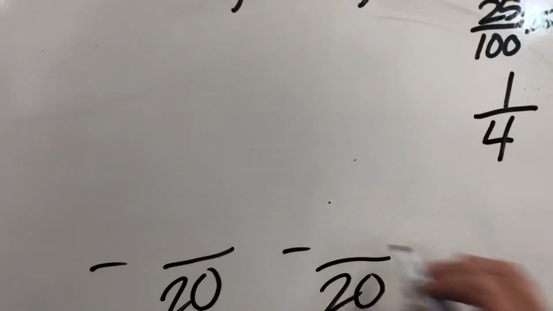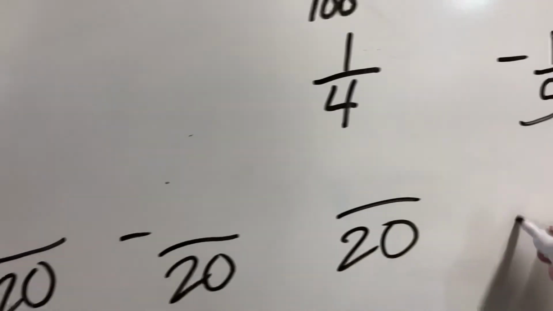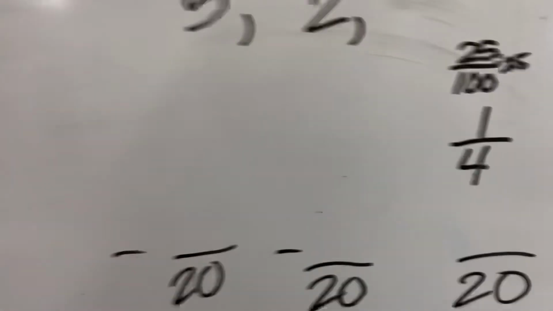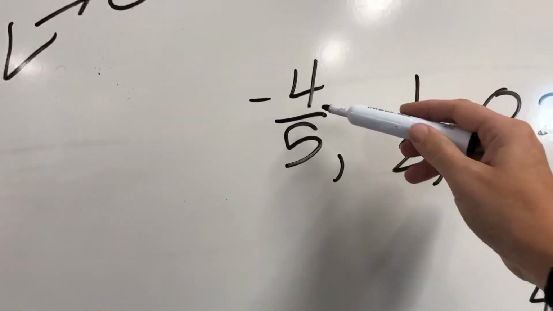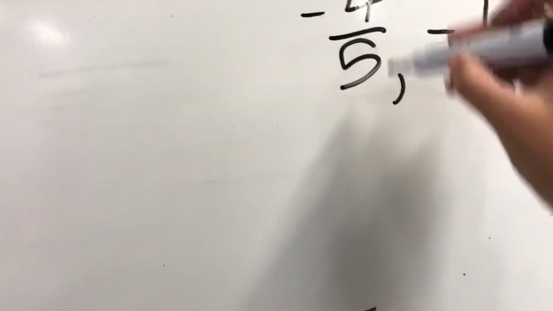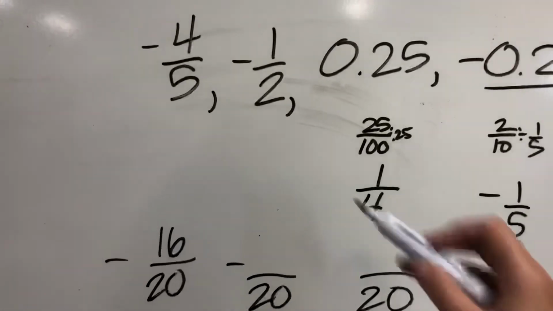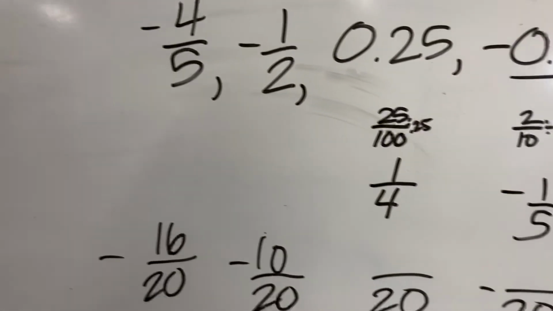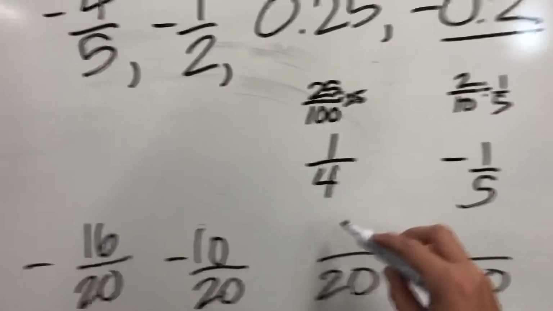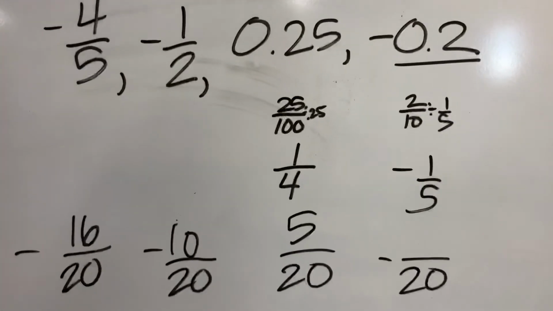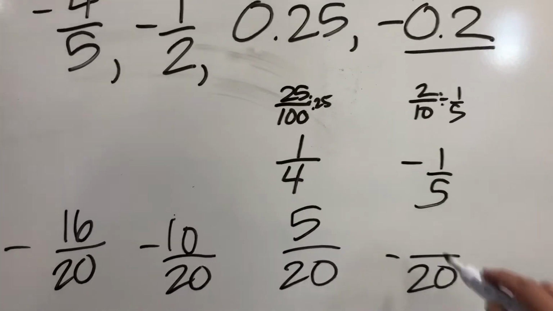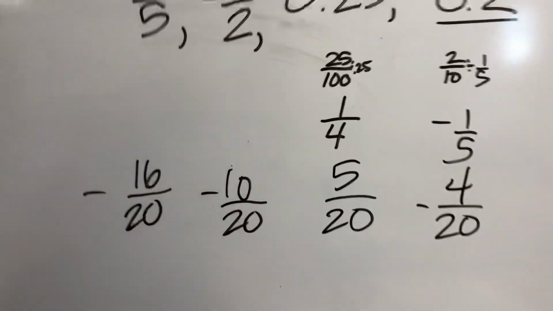The common denominator that I'm going to be using is going to be 20. Here, this one is going to change to negative, times 4, negative 16 over 20. This one's going to change to negative 10 over 20. We have 5 over 20. And then we have negative 4 over 20.